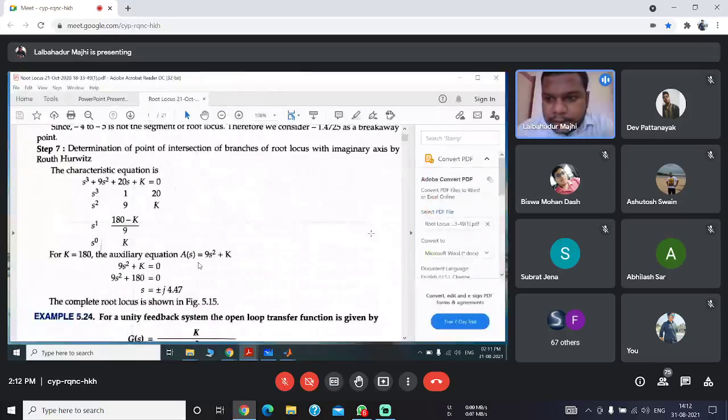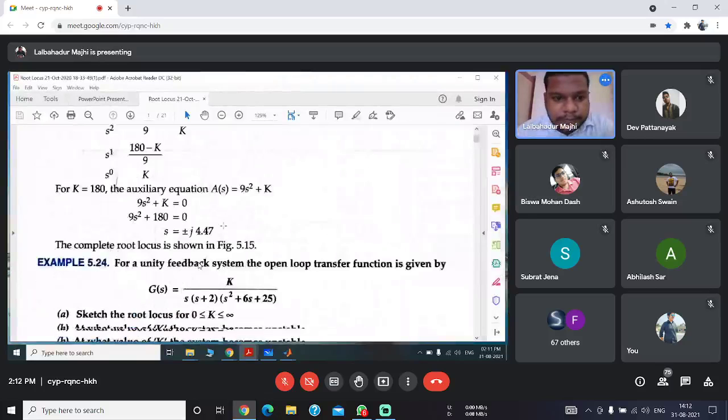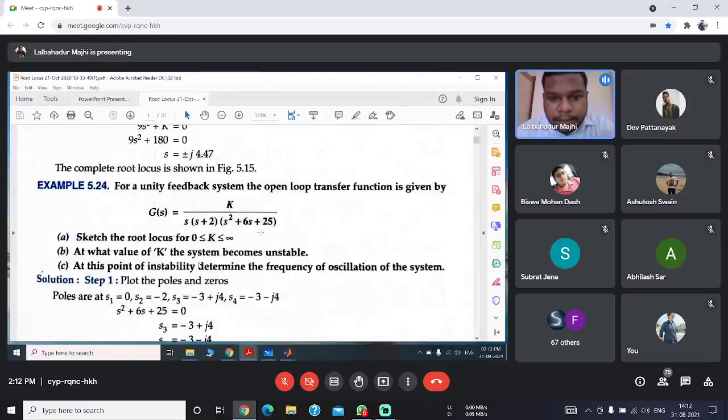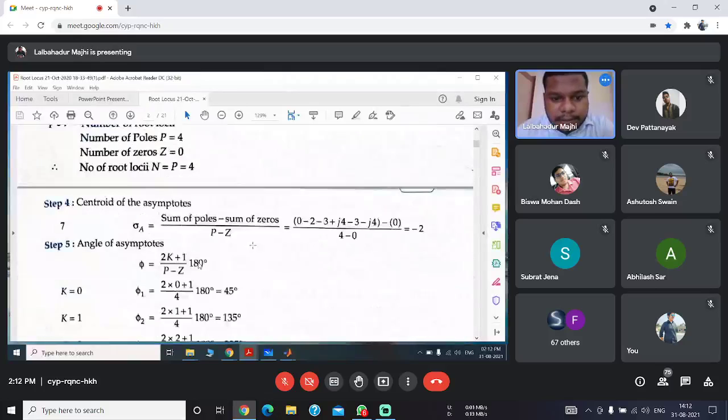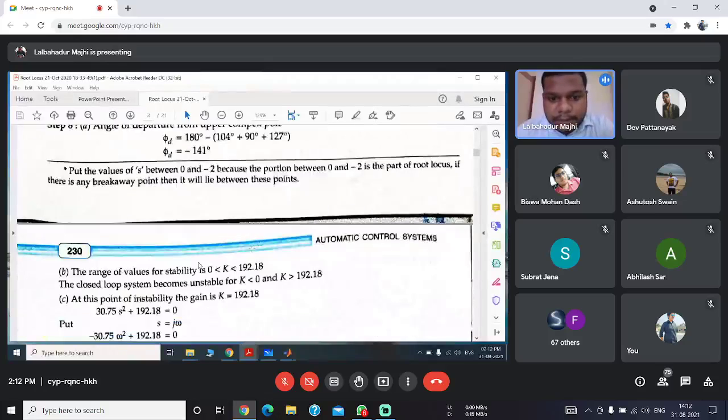So let's see this example in root locus. This is a little bit complicated one. Okay, so I'll do this later. Well, let's first solve some easy one.